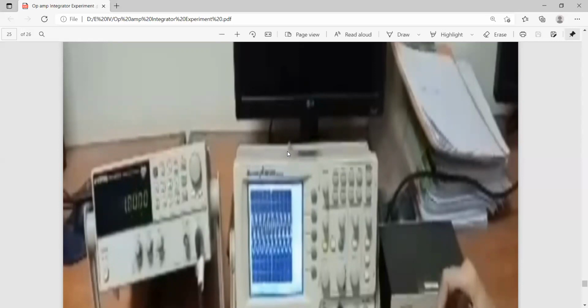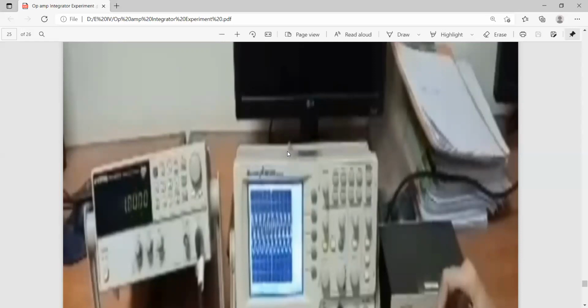Suppose you are applying a sinusoidal waveform, is it integrating or not? If it is integrating, you are getting a cos wave. Cos means its waveform is exactly opposite to the input signal. So that type of waveform you have to apply. Then you can apply a square waveform.